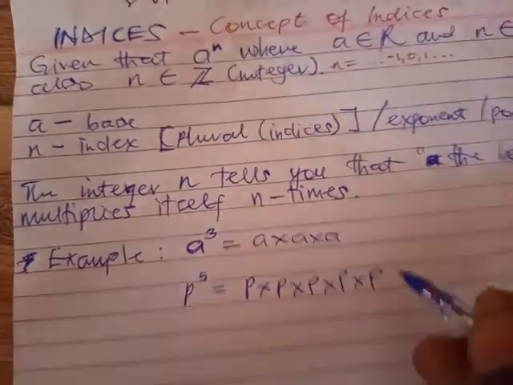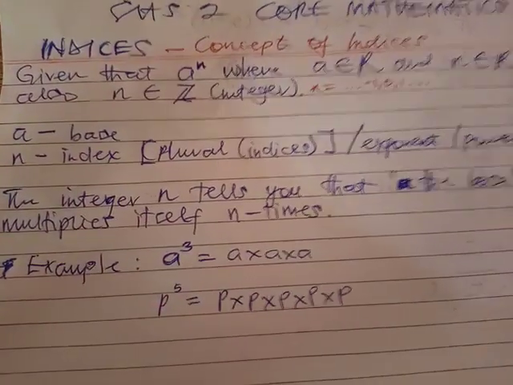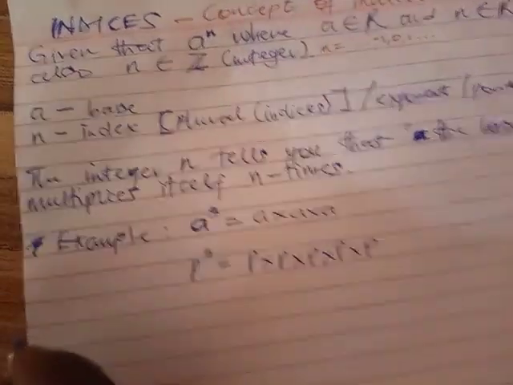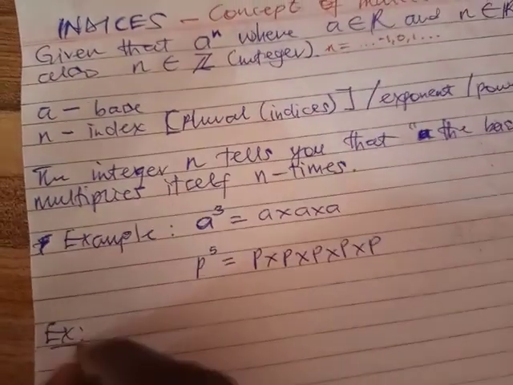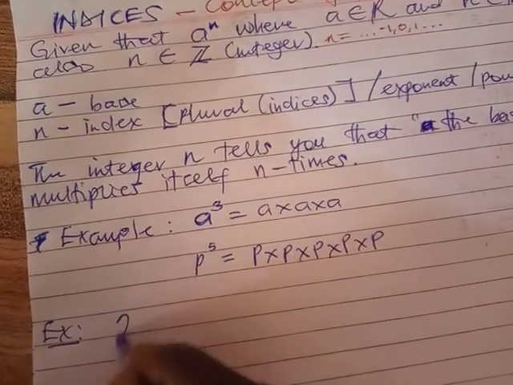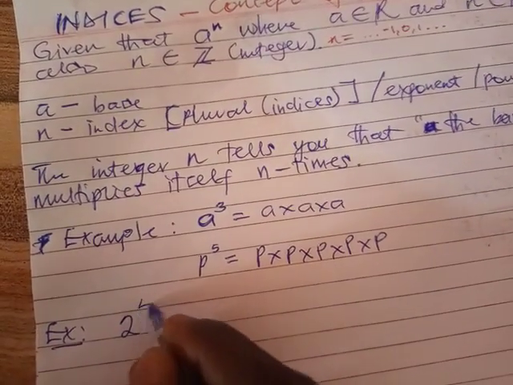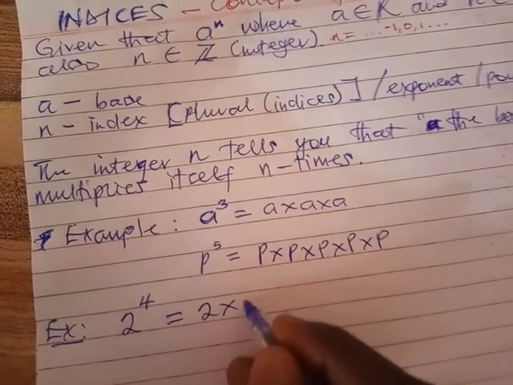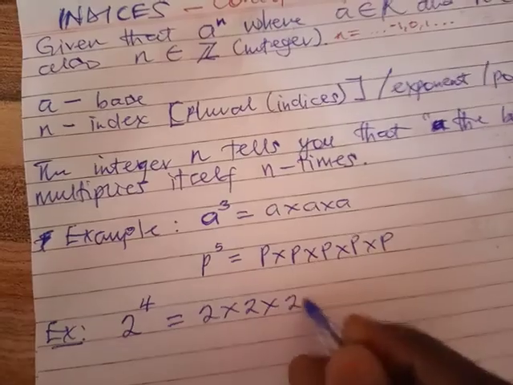So this is the nature of indices. Let's look at this one too. If I have 2 exponent 4, it means 2 will multiply itself 4 times.